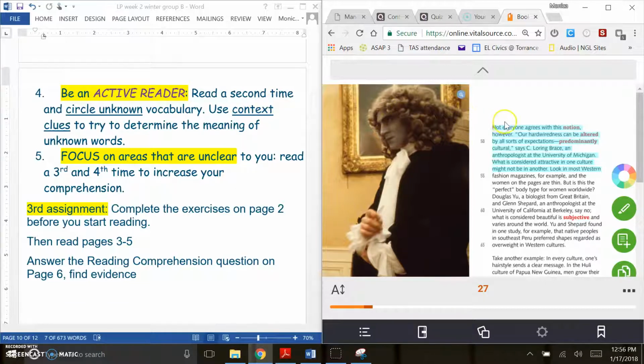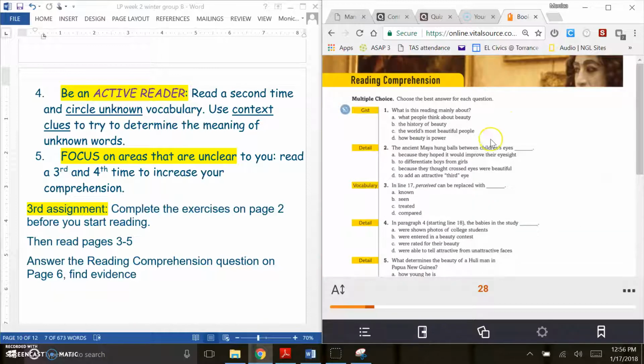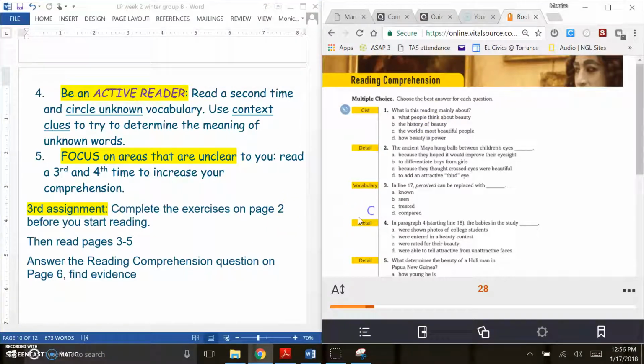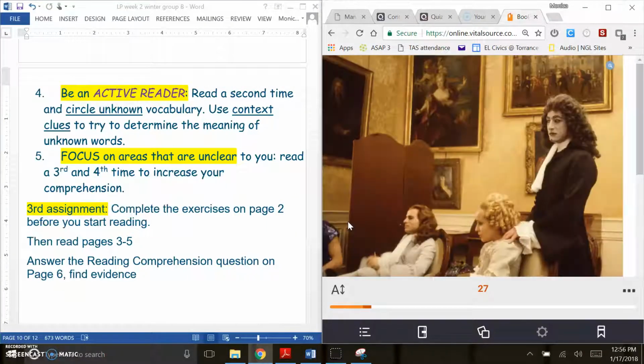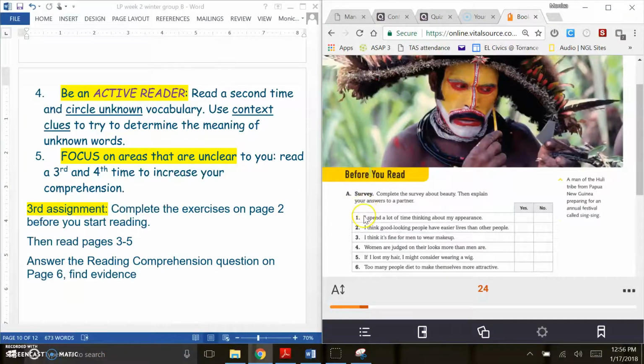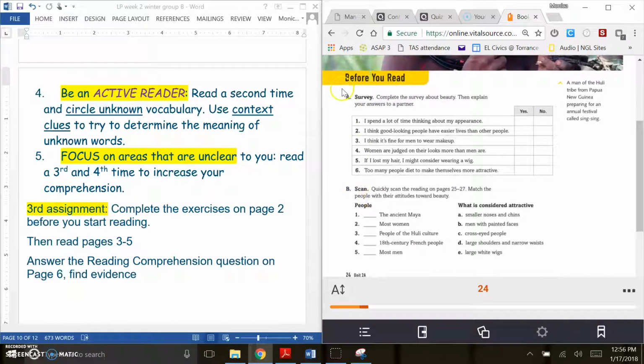Okay, so after you read page 3, 4, and 5, we're going to go to our third assignment. In the third assignment, you're going to complete the exercises, okay? Oh, sorry. First, you're going to go to page 2, which looks like this, and you're going to complete the before you read, yes?